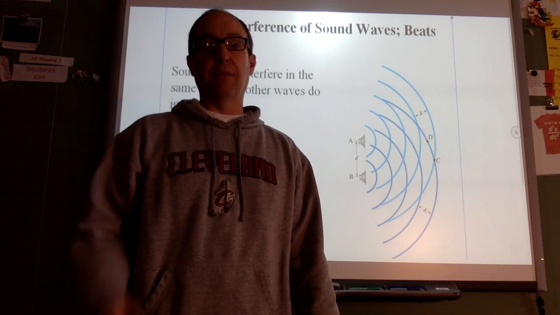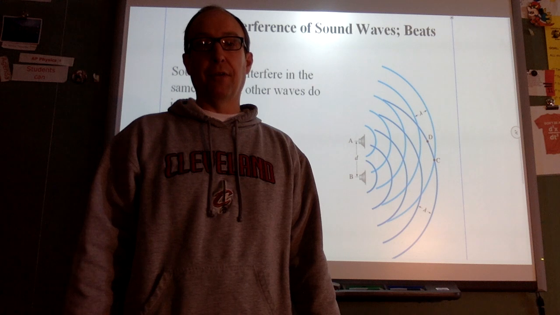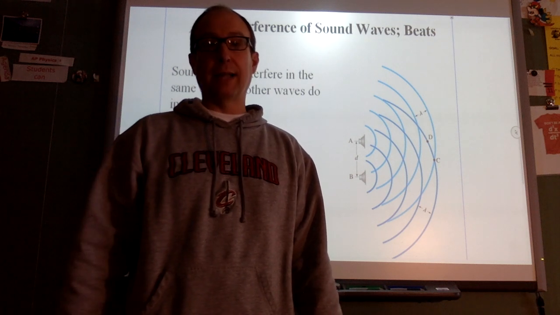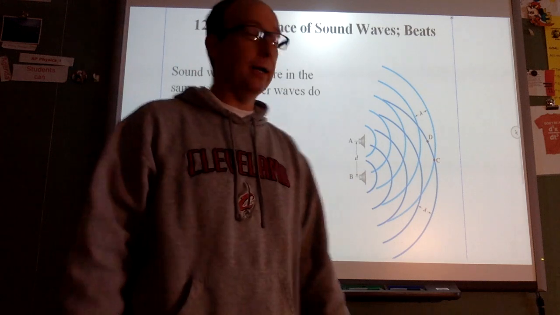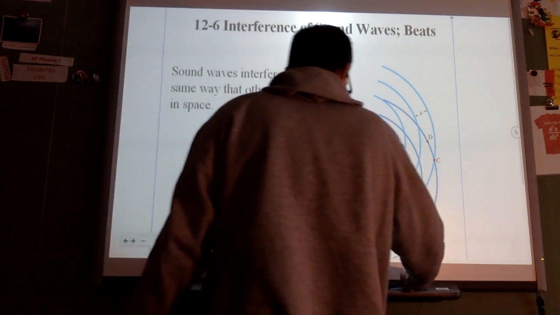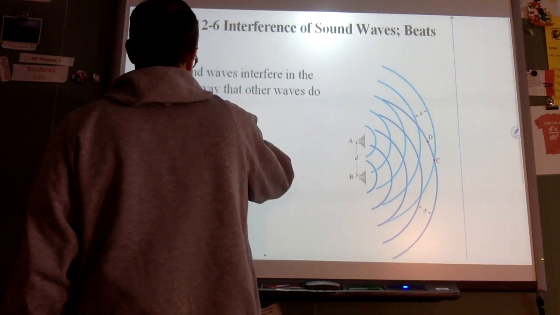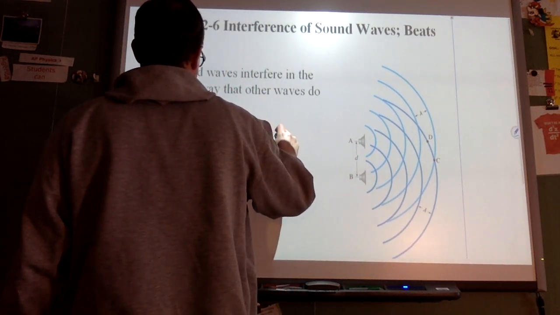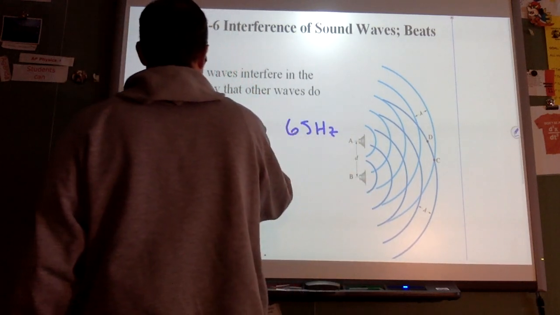And so if you have something that's just off by 1 hertz, you'll hear just a wah in 1 second. And then if you're off by 3 hertz, you'll hear a wah, wah, wah in 3 seconds. So if you want to know how many beats you have, say we have something that is 68 hertz, and then a second tuning fork that is 65 hertz.